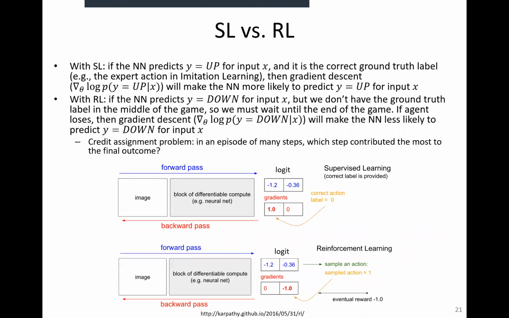With supervised learning, suppose that the neural network predicts y equals up for input x, and it is the correct ground truth label. For example, if you use imitation learning, you have an expert action at every step. Then imitation learning is really a form of supervised learning, and gradient descent will make the neural network more likely to predict y equals up for the input x.